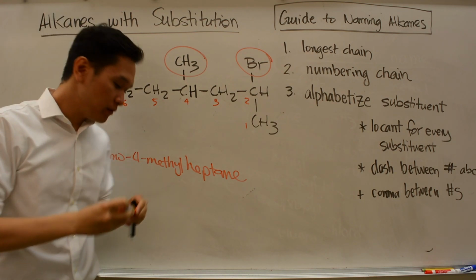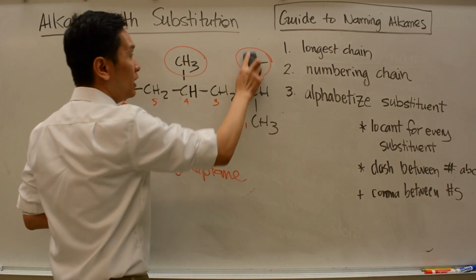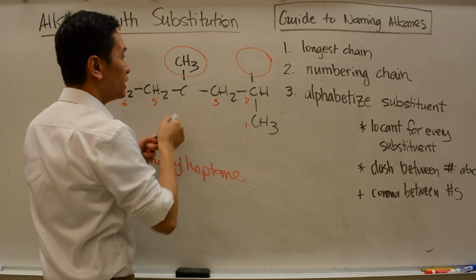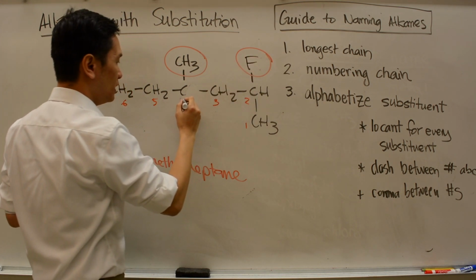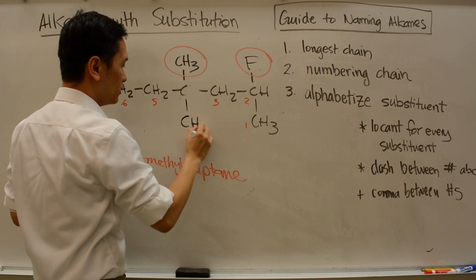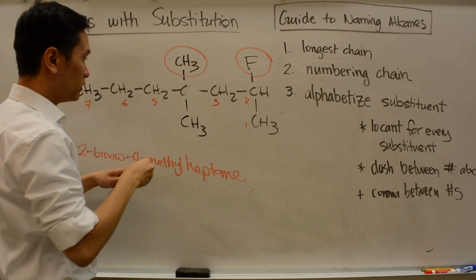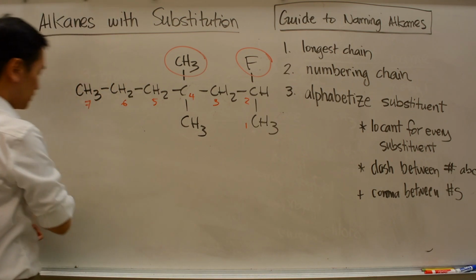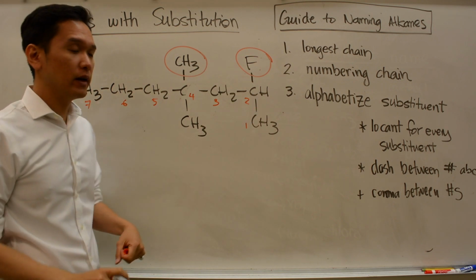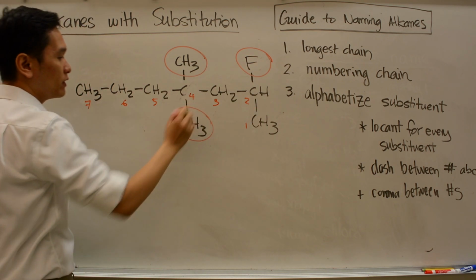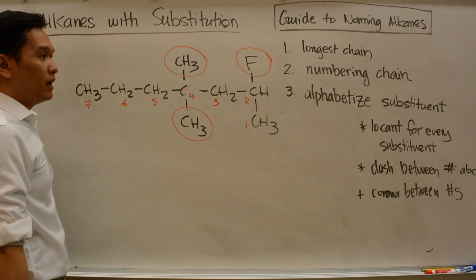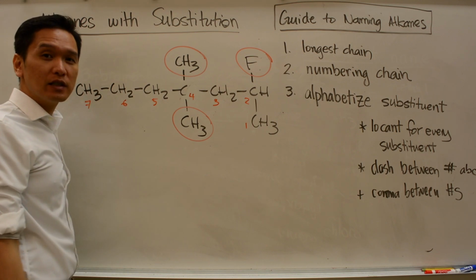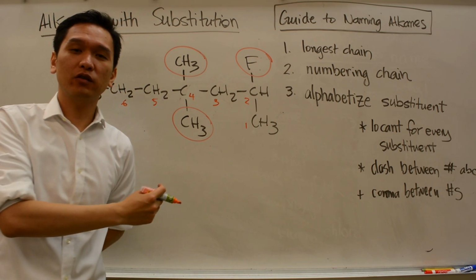Now I'm going to change this molecule just a bit so that we can see another rule that may come into play here. Let's say that this is a fluorine instead, and this is another CH3. Okay, both of them are connected to this fourth carbon. The longest chain hasn't changed. It is still 7, and it's still numbering from the right-hand side. So this is still 4, and we have an extra methyl group here. So again, which substituent comes first in our naming system? The fluoro group or the methyl group?